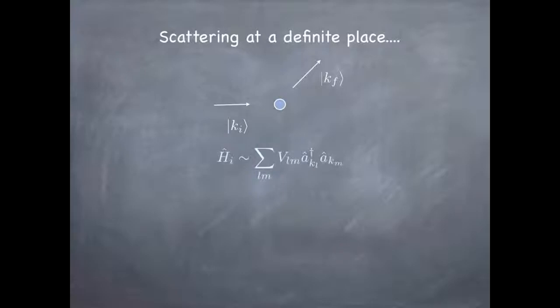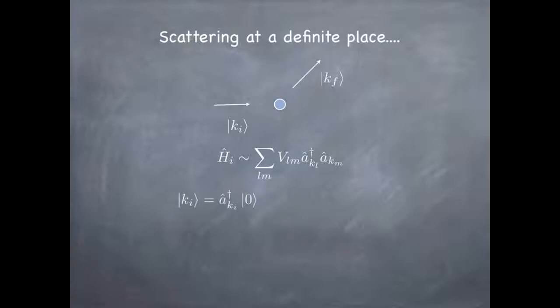I could do that with an interaction Hamiltonian that destroys a particle with momentum k sub m and creates a particle with momentum k sub l, and you can see that that's going to describe an interaction that takes particles out of one momentum state and sticks it into a different momentum state.